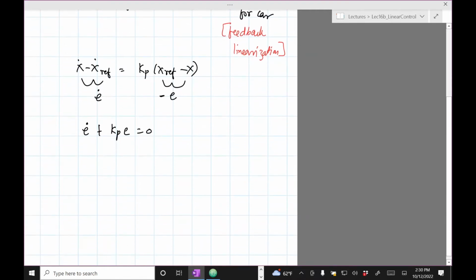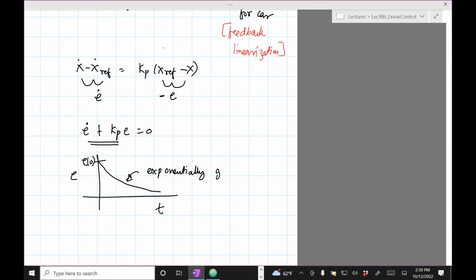And if you don't know, this is actually something which will asymptotically go to 0. So if you try to plot e as a function of time, you see that it will go down to 0. This will be e0. It exponentially goes to 0. In other words, if you solve for e, it's going to be something like A times e raised to... I have a problem here, I should not have used e.